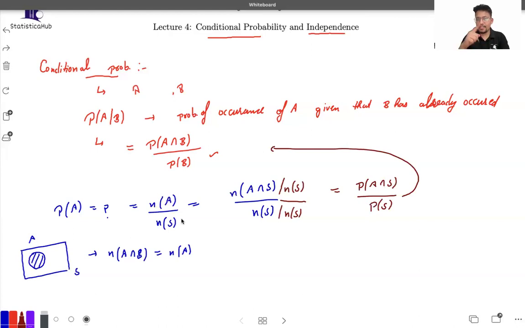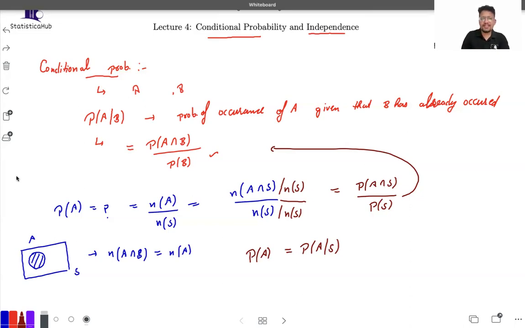So what is happening in these two different setups? You can see I'm finding the probability of any event A, which comes up as the probability of event A given that the sample space has already occurred. That makes sense. So you can write the probability of any particular event A as the probability of A given S. That makes sense also, because we calculate probability only if there is some sort of sample space.